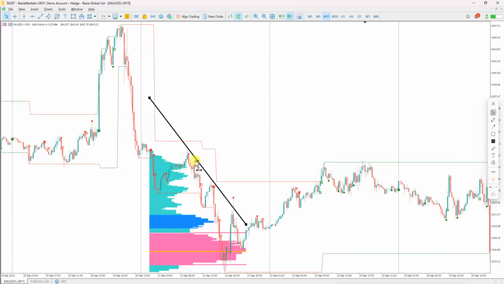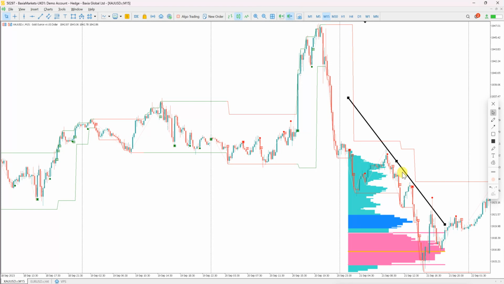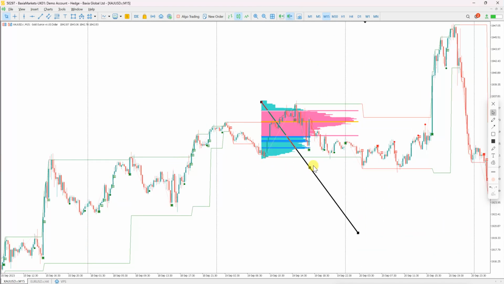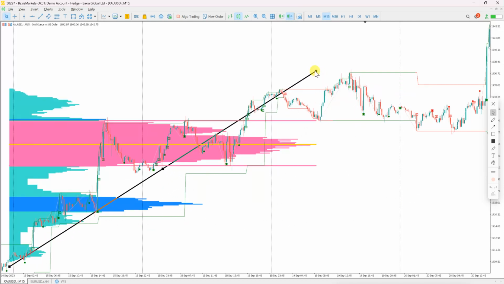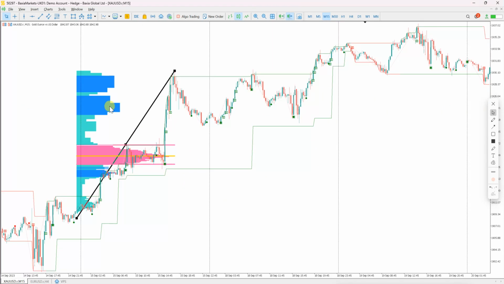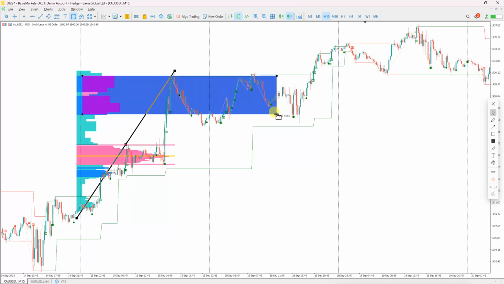Let's do another example. Here we have so many bearish examples. Let's look for a bullish one. Okay, here the price, this is the high value node, because the color is blue, right?